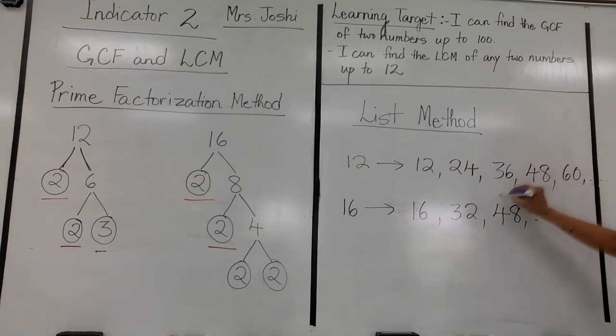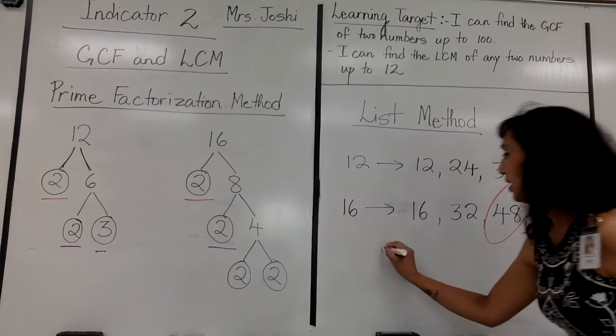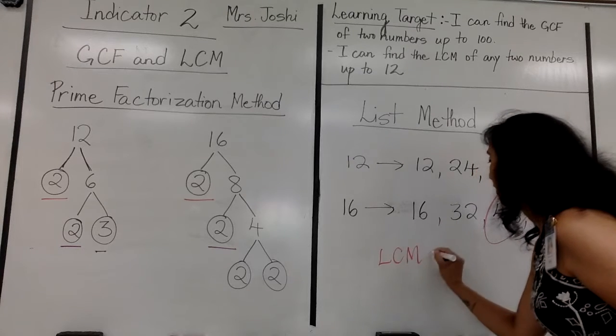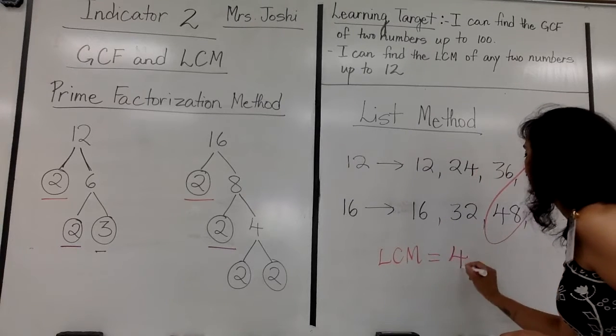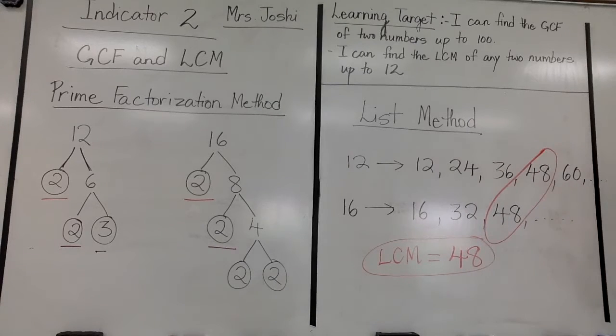Then the least common multiple that I am finding is 48. So my LCM of 12 and 16 is 48. This was one way to do it.